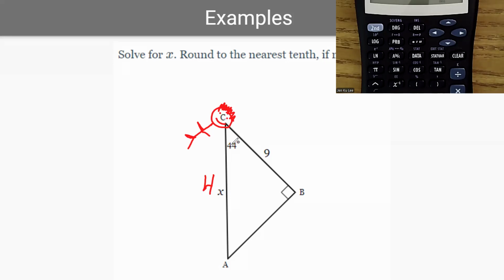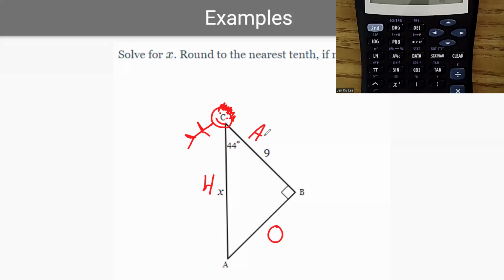I know that opposite this 44 degrees is my opposite side. I know that right next to it is going to be my adjacent side. I'm going to label the sides first. That's my first step. Label all the sides.